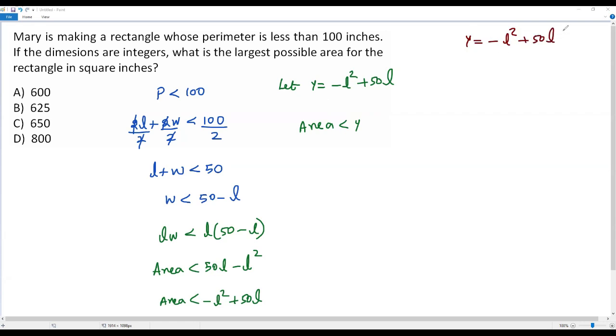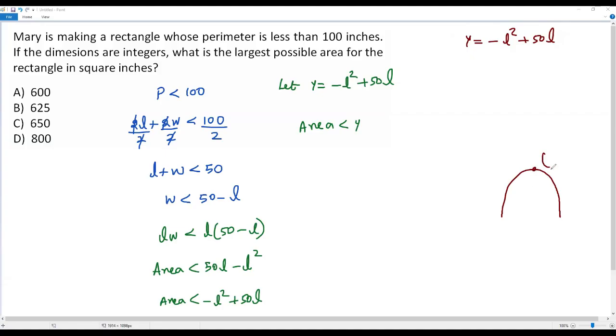Whenever we have a quadratic function defined by y, usually we define y in terms of x, but here the quadratic function has been defined by y in terms of L. So whenever we have a quadratic function like this, its graph will be a vertical parabola. Since the leading coefficient is negative, we'll be getting an open downward parabola. So always the vertex will be the maximum point of an open downward parabola.